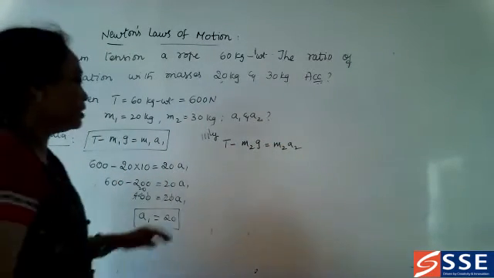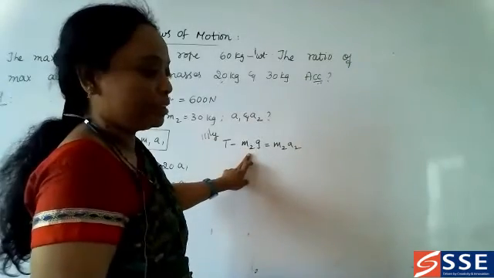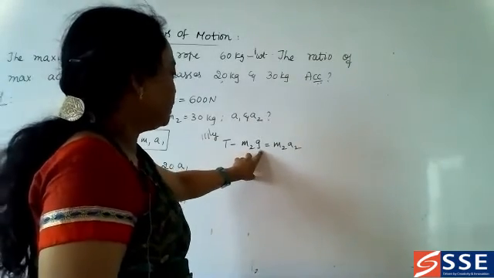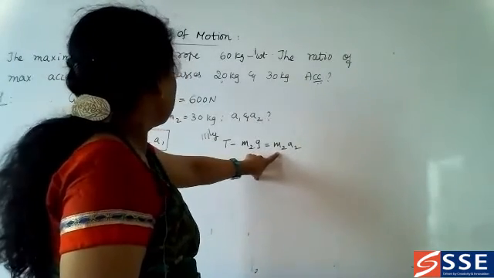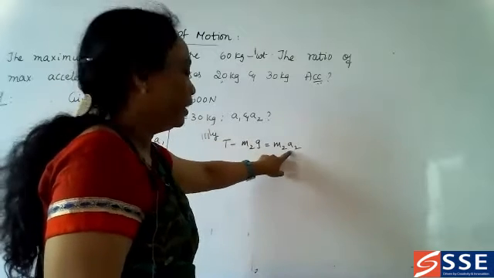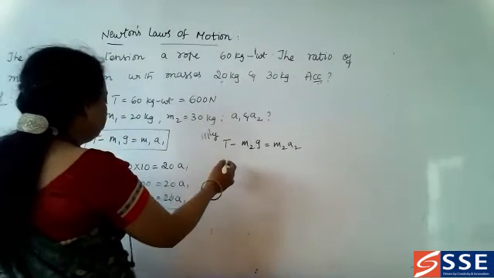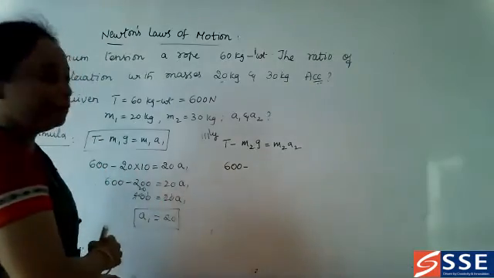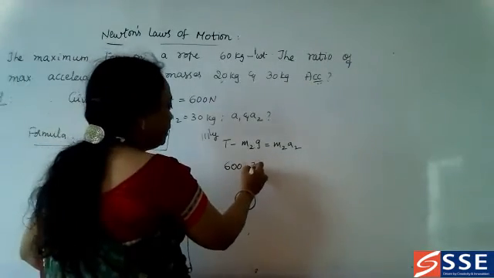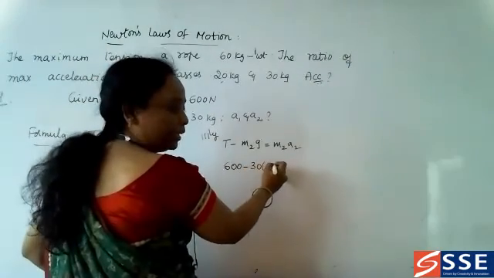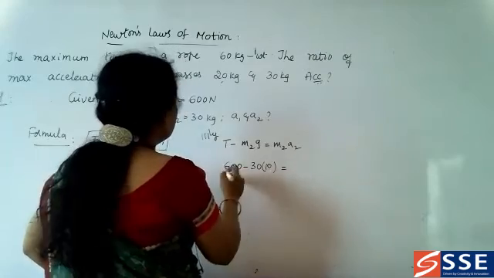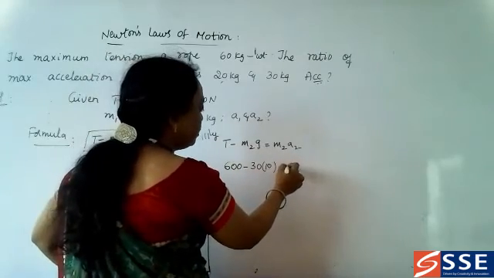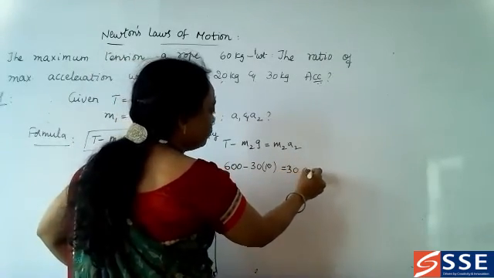So T minus m2, substitute for m2, and g is 10, and m2 is 30. So 600 minus 30 into 10 is equal to 30 into a2. Therefore, a2.